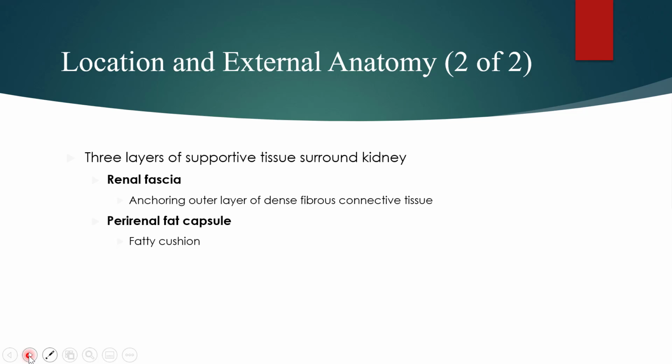It is a fatty cushion, and your kidneys do not have any mesentery, because it's outside of the peritoneum, it doesn't have any membrane that would anchor it to the body wall. It is only the fat.